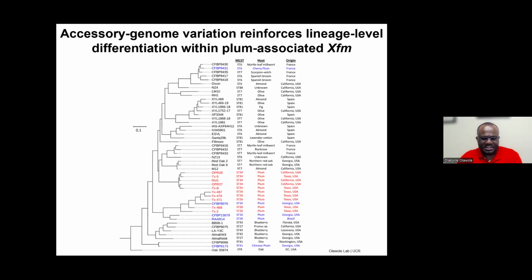The ancestry genome also revealed that the plum-associated isolates can share similar gene repertoire across genomic regions and also sequence types. The ST34 isolates consistently formed a distinct ancestry genome cluster, regardless of whether they originated from Texas or not.